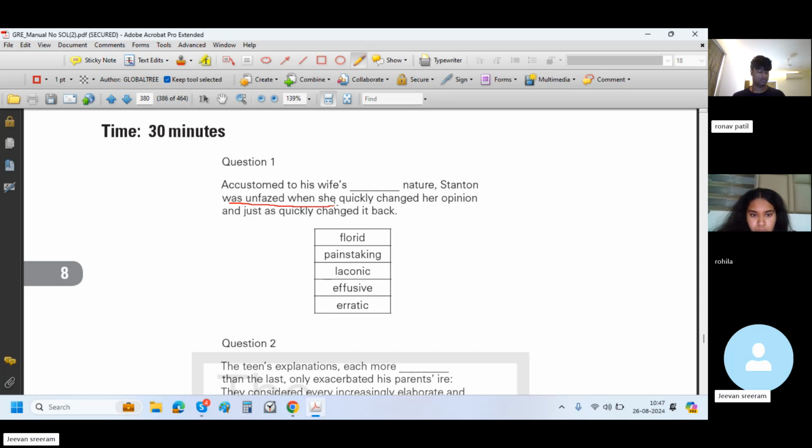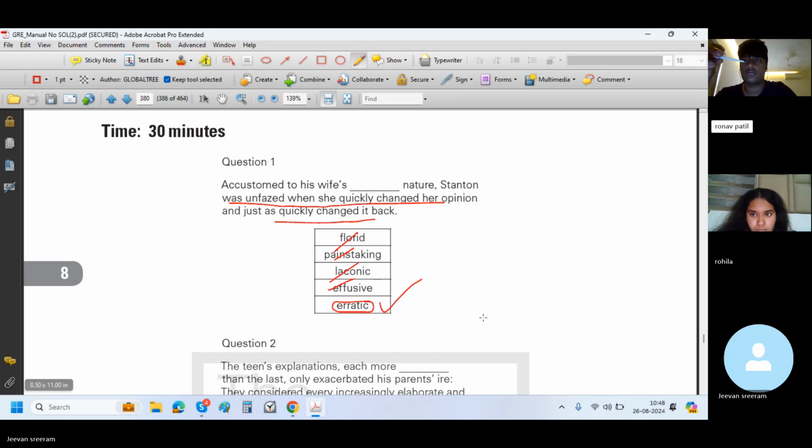So she quickly changed her opinion, just quickly changed it back. So she is mercurial. Her behavior is mercurial, unpredictably changing behavior. So there is only one option talking about the same. Right.